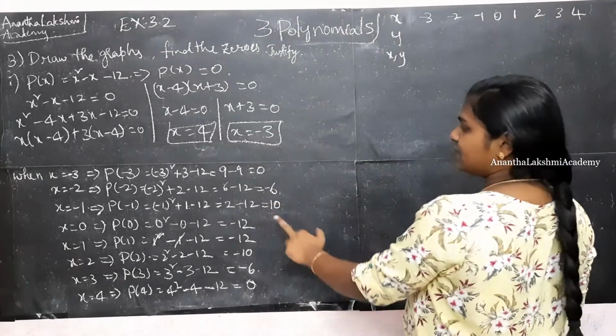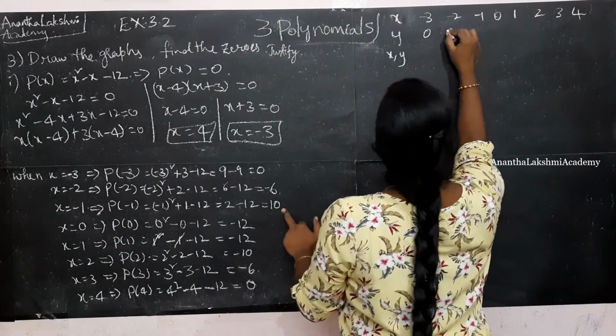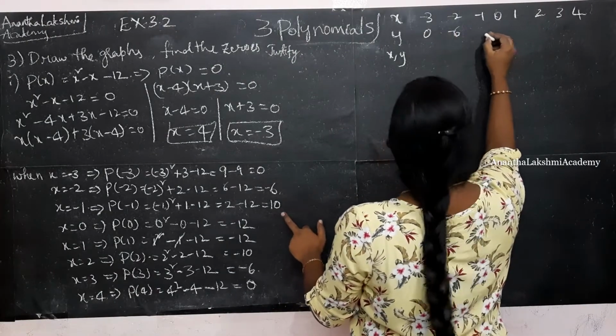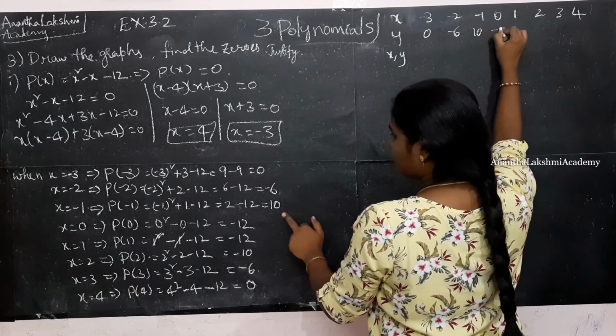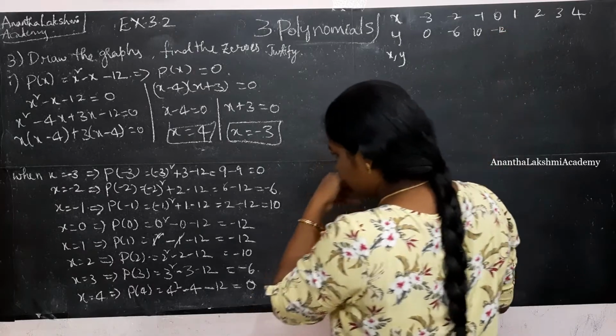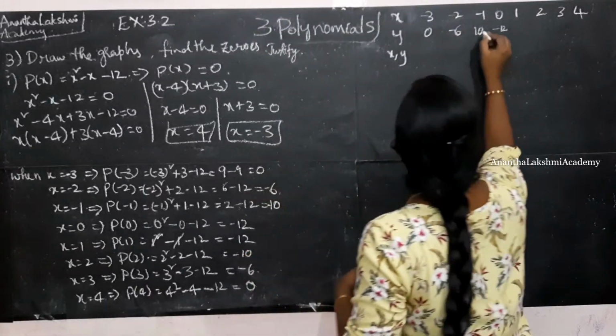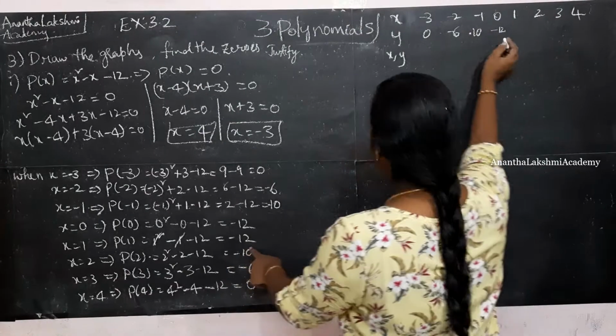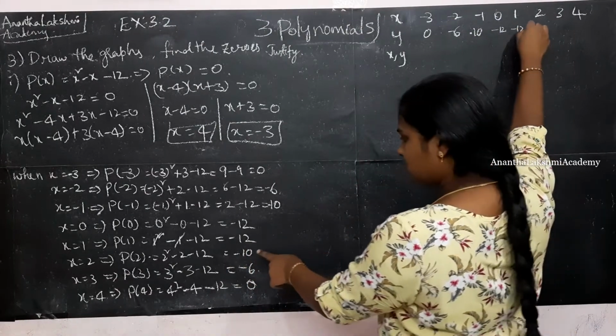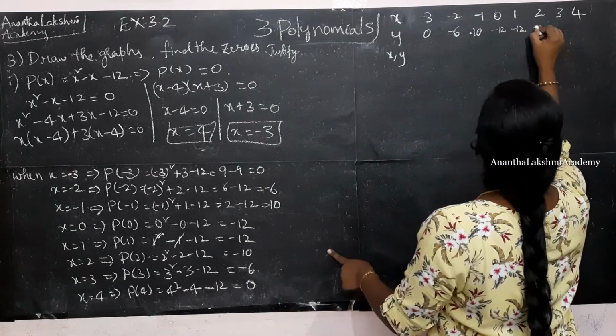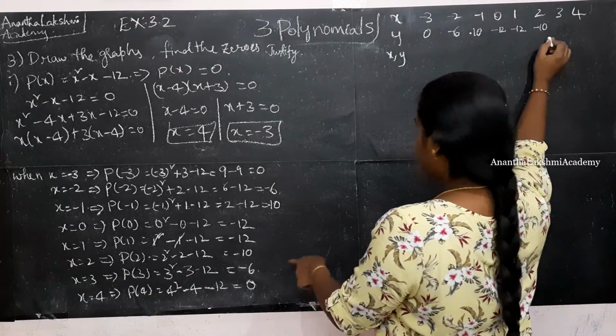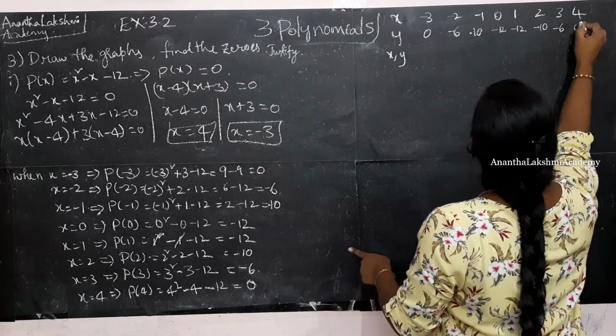The y values are 0, minus 6, minus 10, minus 12, minus 12, minus 10, minus 6 and 0.